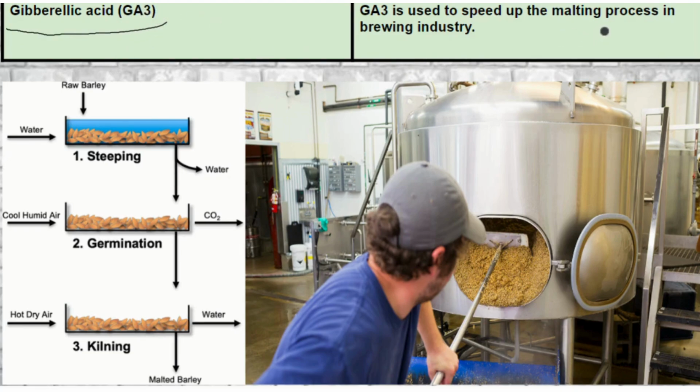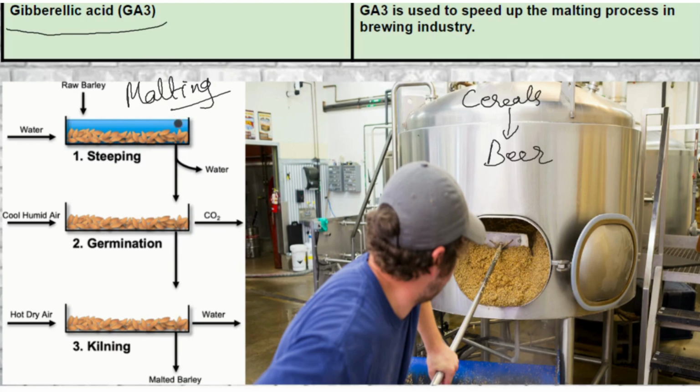GA3 is basically used to speed up the malting process in the brewing industry, where beer is made by using cereals or grains. Before converting the grains into beer, we have to do malting.